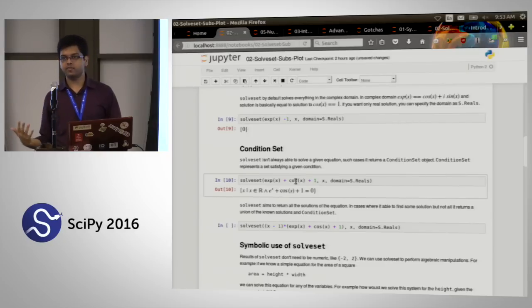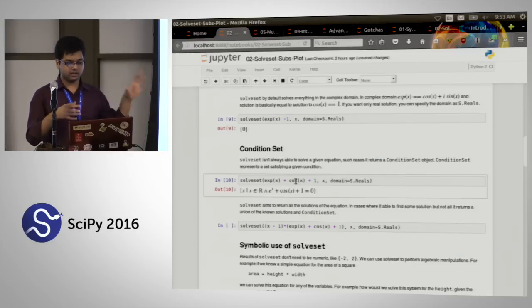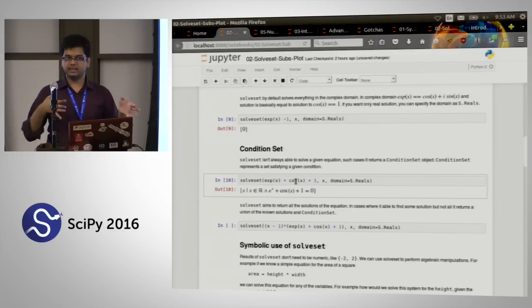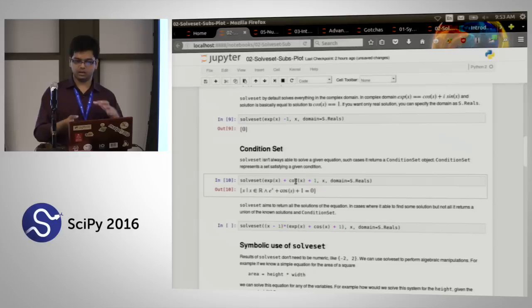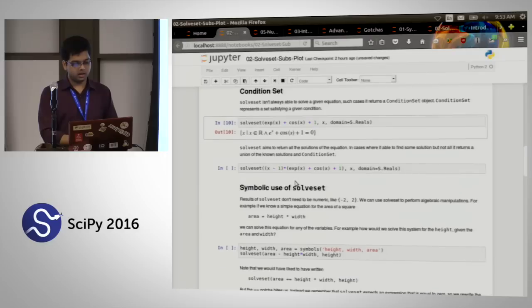Condition set is a set which represents an equation which is not solved, the set of all x in reals which satisfy this condition. It stands for an unevaluated object, like you saw in integral. This is the equation, and this is the set of the solution, which is not really explicit.